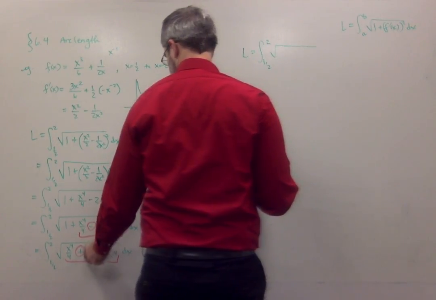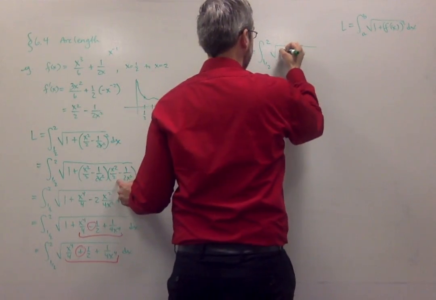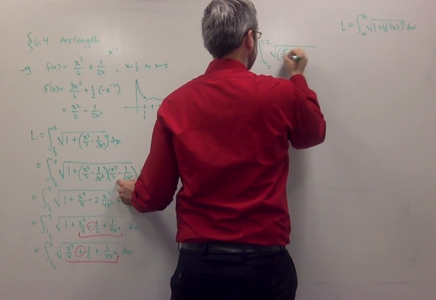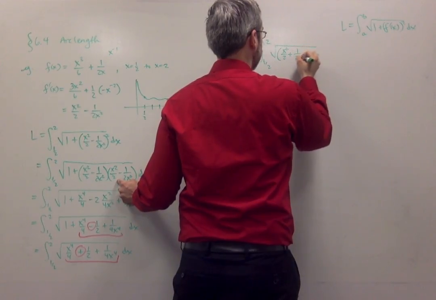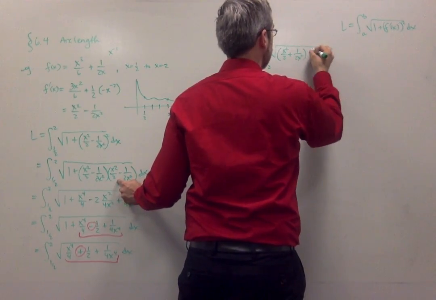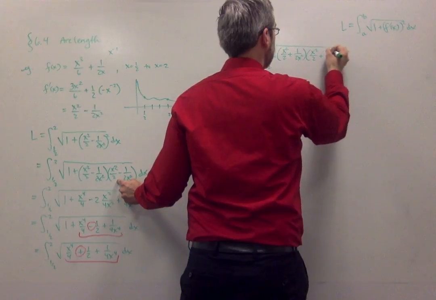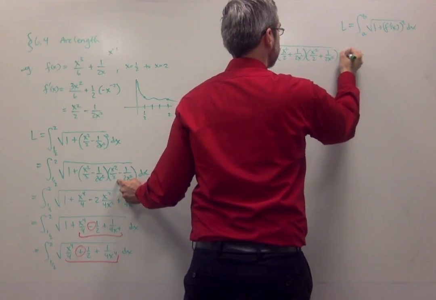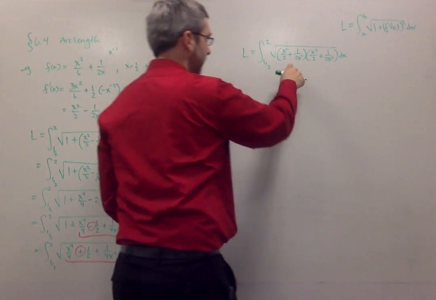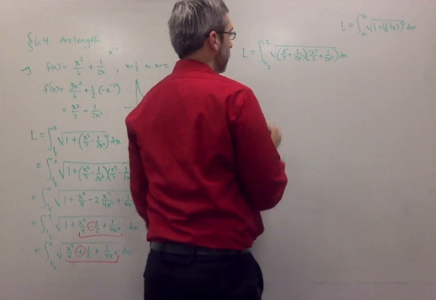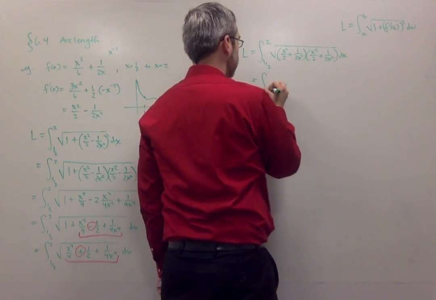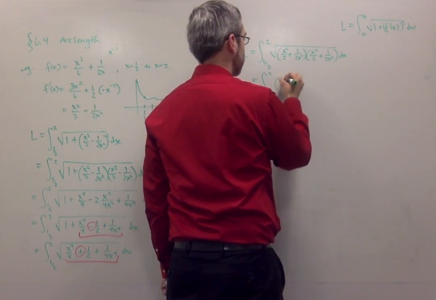So this factors as x squared over 2 plus 1 over 2x squared, times x squared over 2 plus 1 over 2x squared. In other words, that thing's squared, and when it's under the square root, we can just drop the square root.